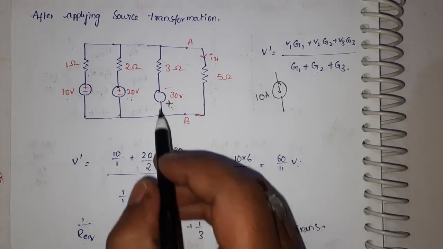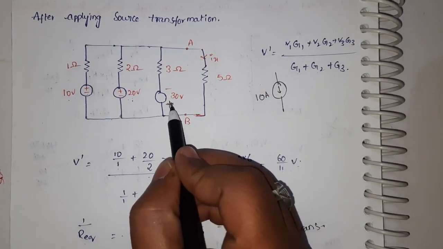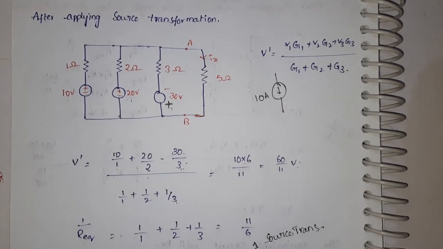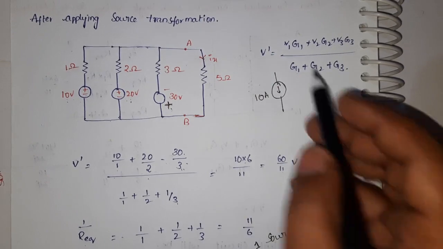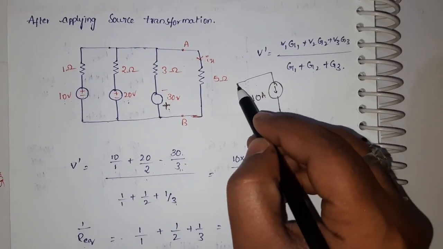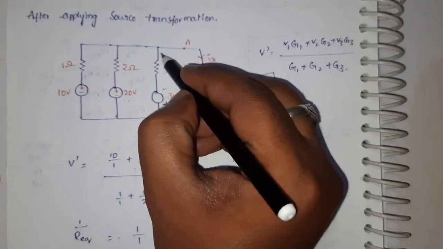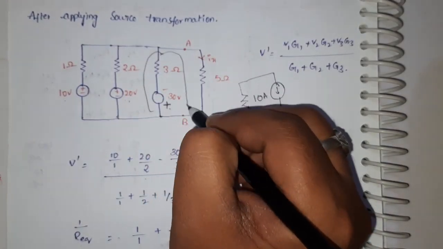So the polarity will be opposite to these 10 volt and 20 volt voltage sources, and we have applied the source transformation technique to get this particular branch.